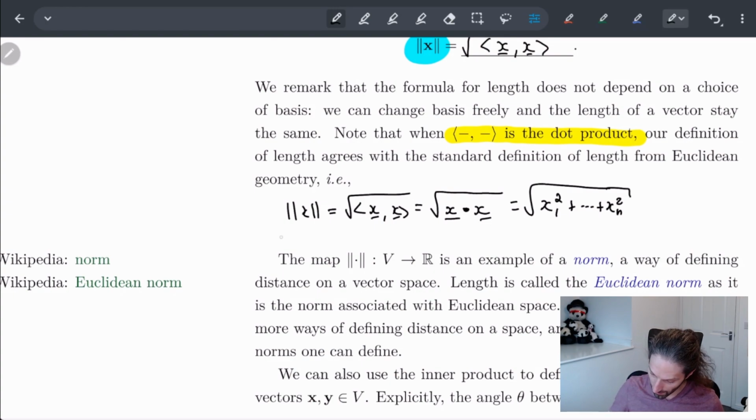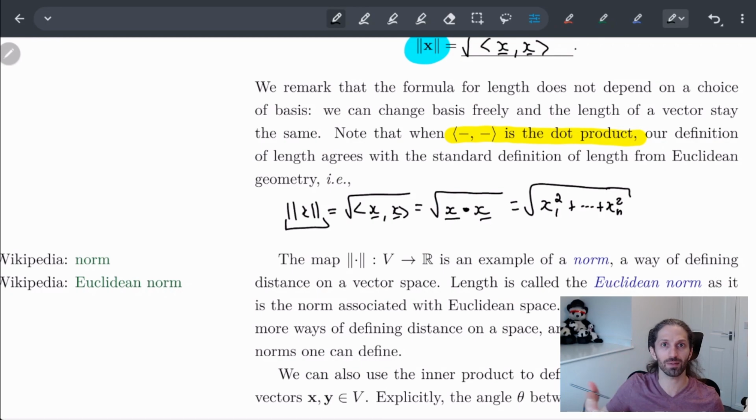Now, the value of this is the length, but what is this operation? It's not the dot product, because it's the square root of the inner product.